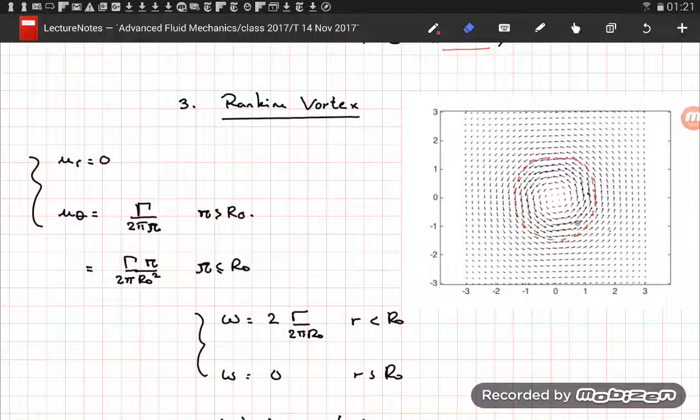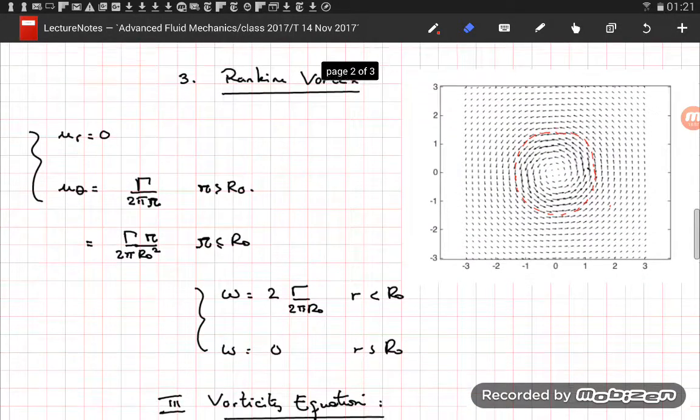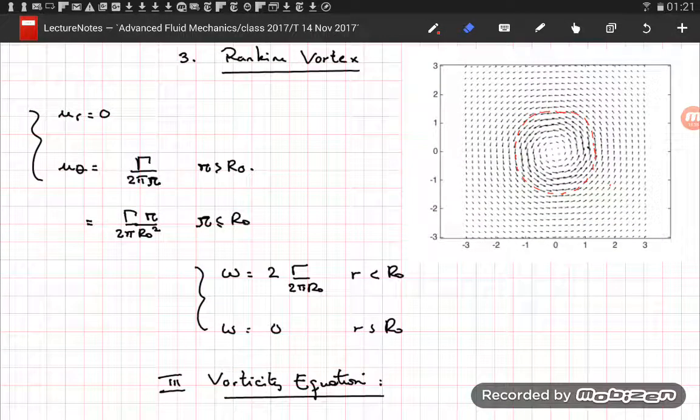Inside the core of the vortex, the vorticity is not zero, it's constant, and equal to 2 times the angular velocity, which you define as gamma divided by 2 pi r0 squared, to make sure your circumferential velocity is continuous.